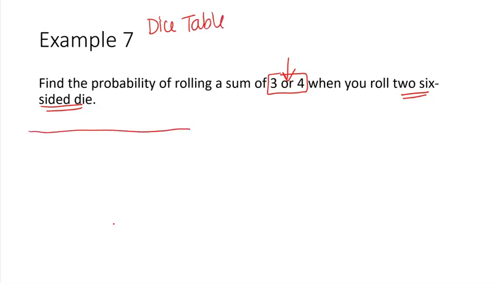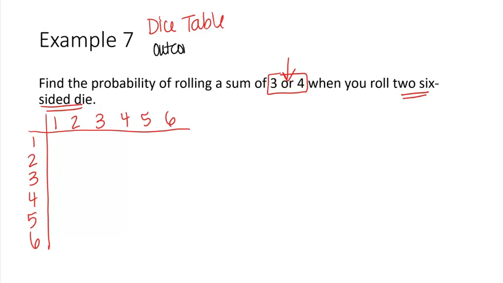A dice table allows us to look at my 2 dice. The first one having 1 through 6 as a result. The second one having 1 through 6 as a result. And this is a way for us to look at the outcomes of both dice.